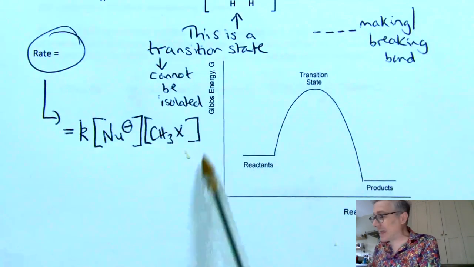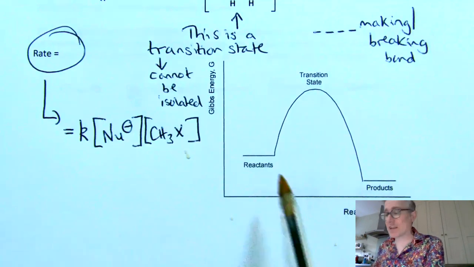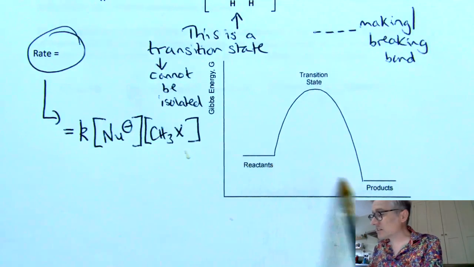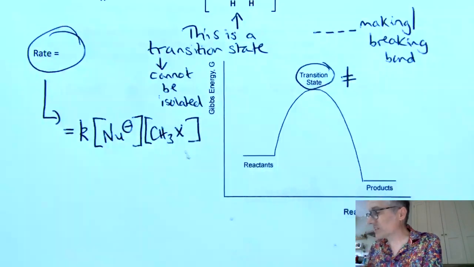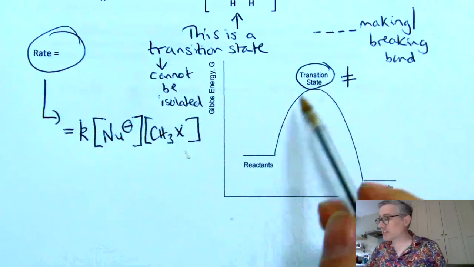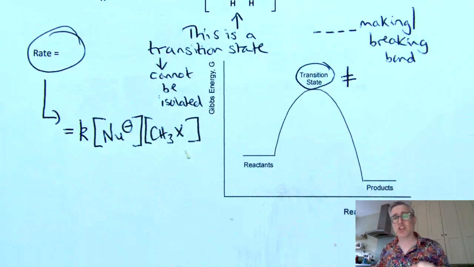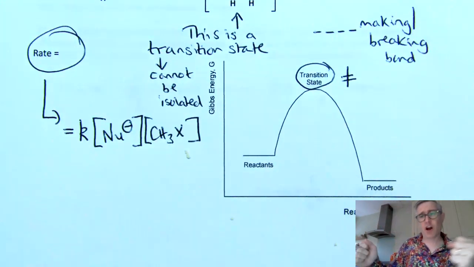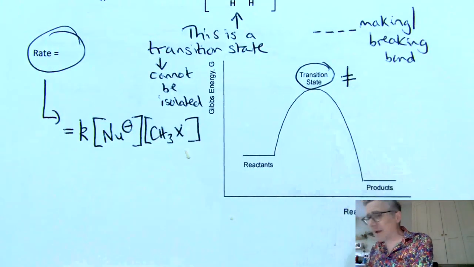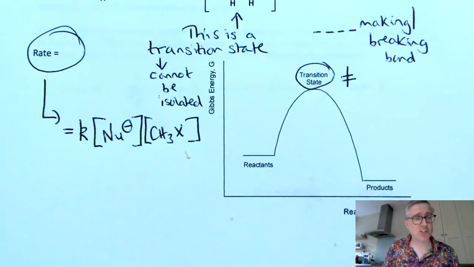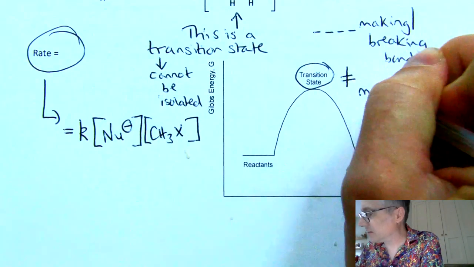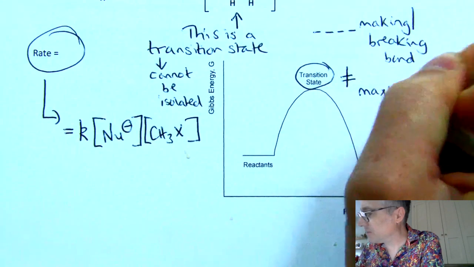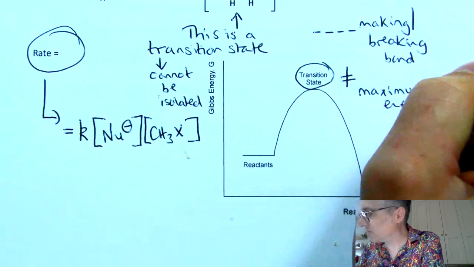If we look at the energy profile for this reaction, you see that reactants go to products via a transition state, and this transition state is a maximum in energy. When we've half broken and half made those bonds, we're at the maximum point in the energy pathway. So the transition state is the maximum in energy.